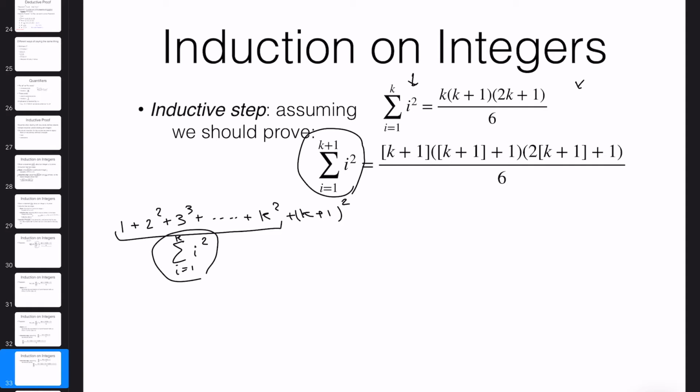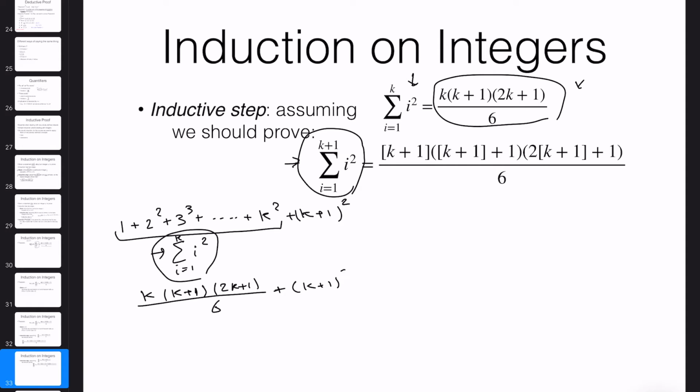So I can say that this can be written as, I'm just substituting and replacing this summation with this formula, which is the assumption of my induction: k times k plus 1 times 2k plus 1, divided by 6, plus k plus 1 power 2.